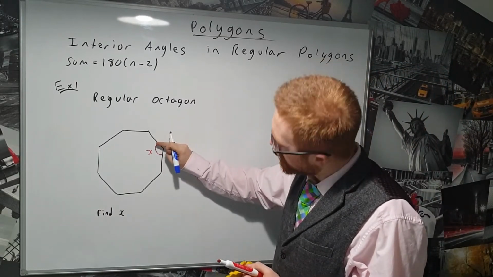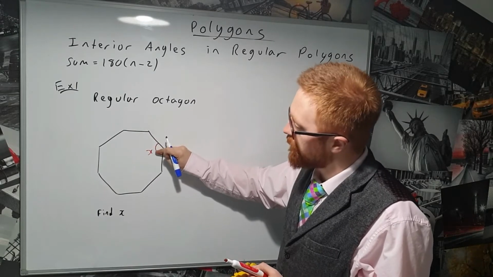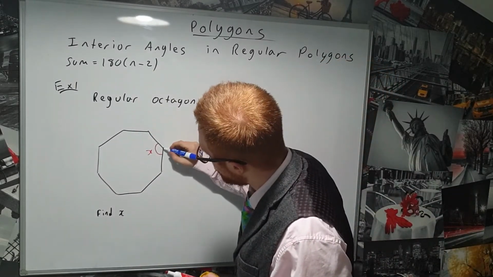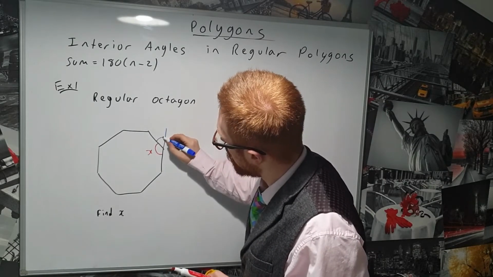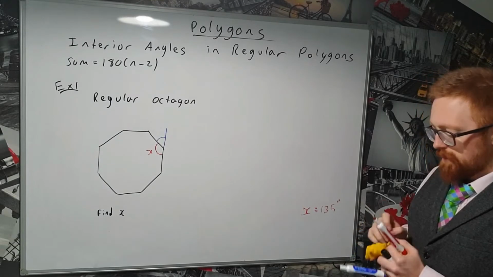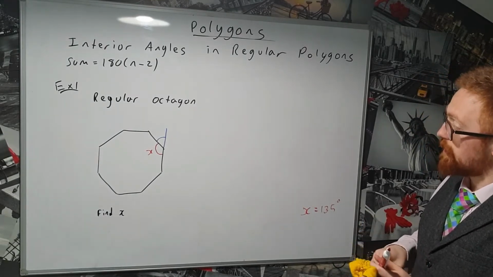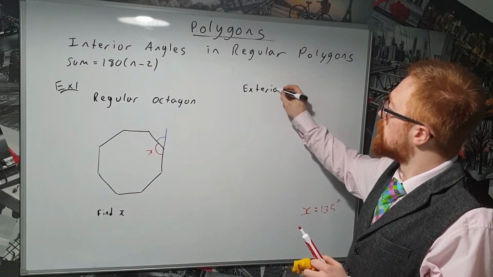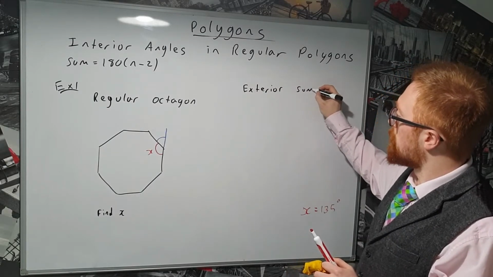So what we'll do is, if we're interested in an interior angle and our polygon is regular, then we can quite easily work out the value of one of our exterior angles. So if you remember from the video on exterior angles, we know that exterior angles sum to, can you remember?